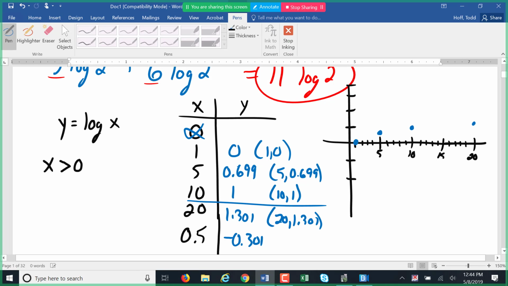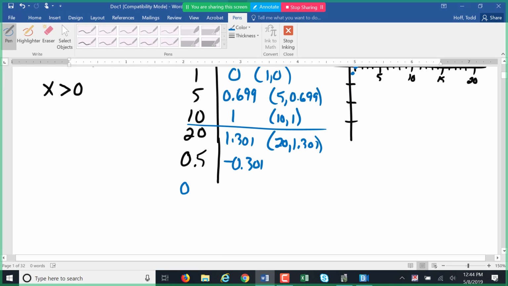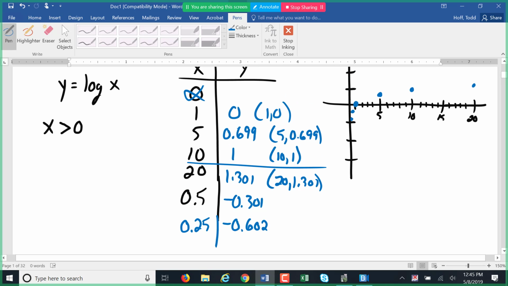So we got 1, 2, 3, negative 0.301. 0.5 is somewhere in here. If I tried, well, let's do 0.25, I get negative 0.602.